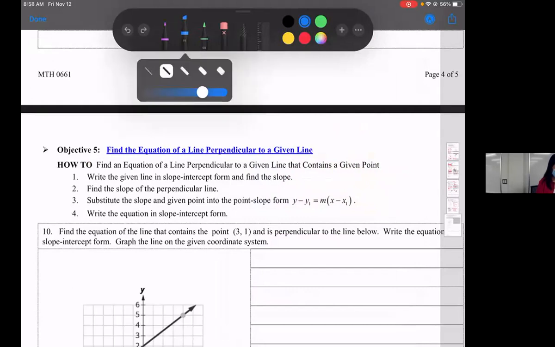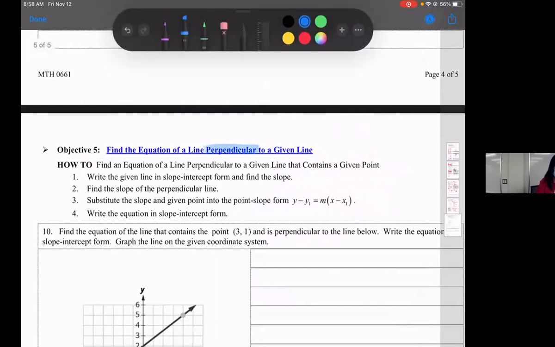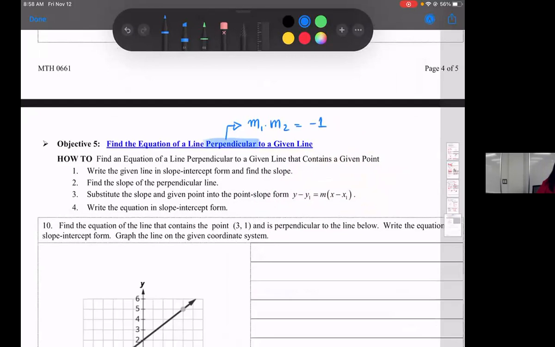Thank you, Jenny. So if it's perpendicular, then m1 times m2 equals -1. This means they are opposite reciprocals, right? Opposite and flip. You can say opposite and flip, or you show me the math. Both mean the same to me.